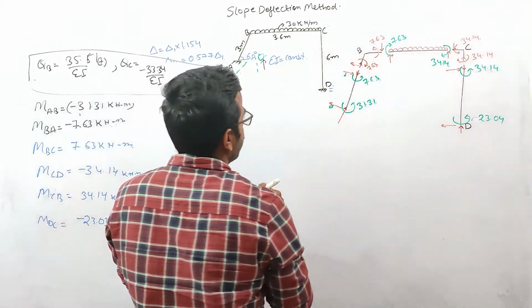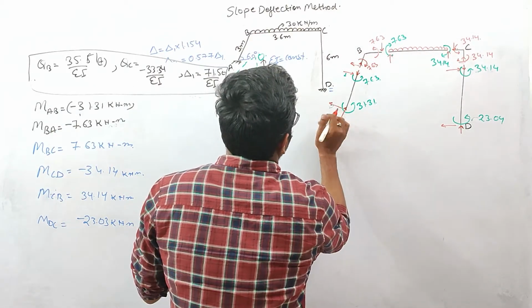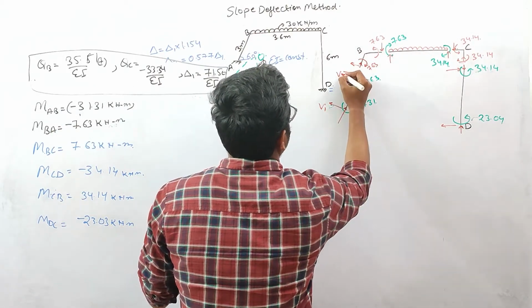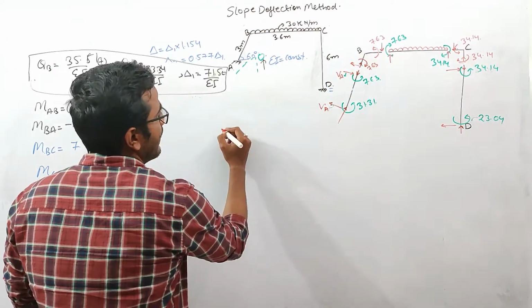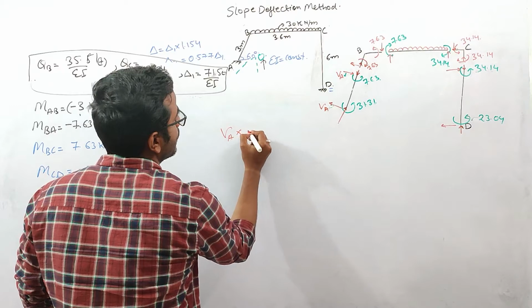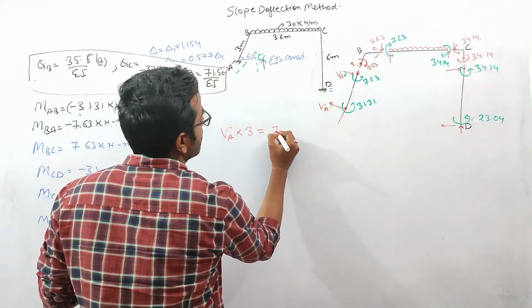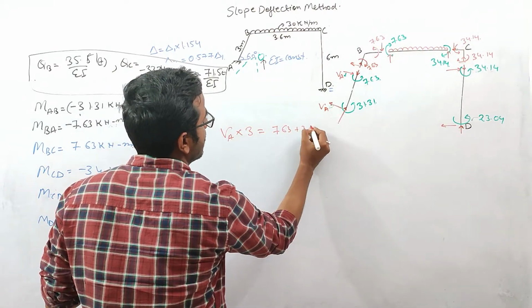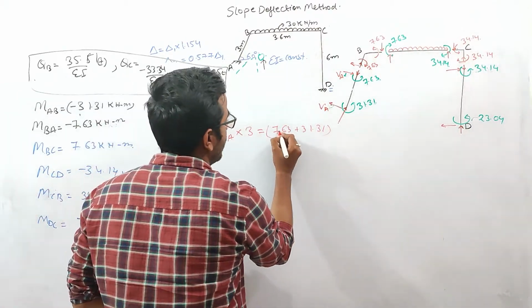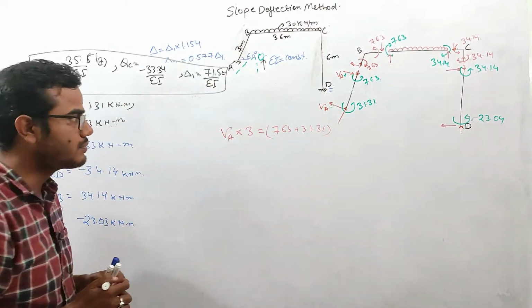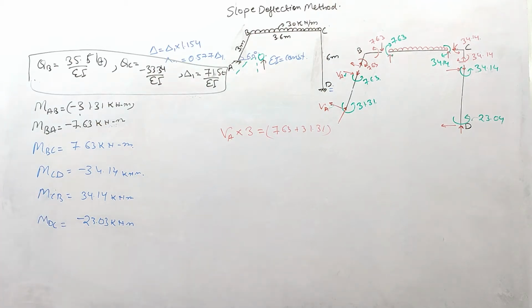I am denoting this force as VA. So I can write VA into 3 equals 7.63 plus 31.31. This couple will provide resistance to this moment.